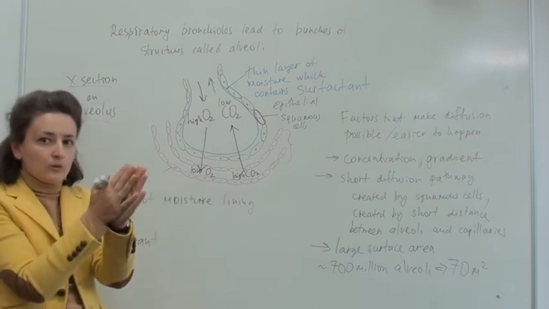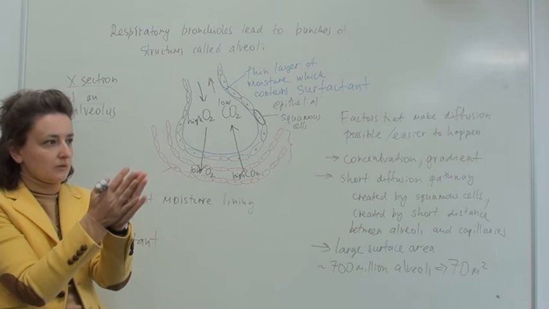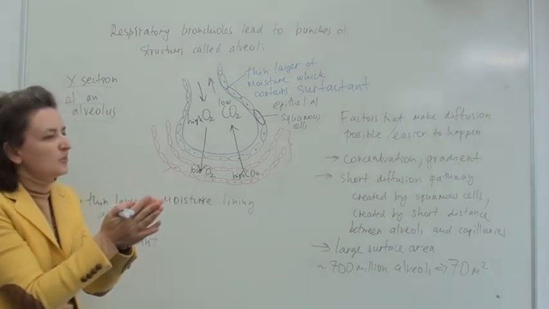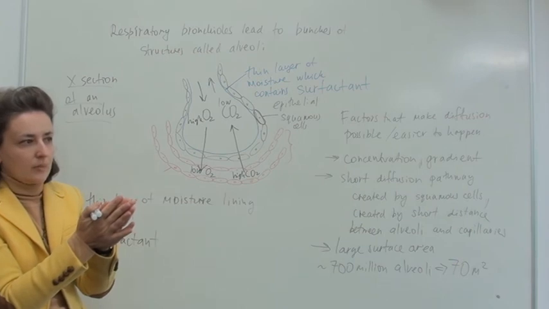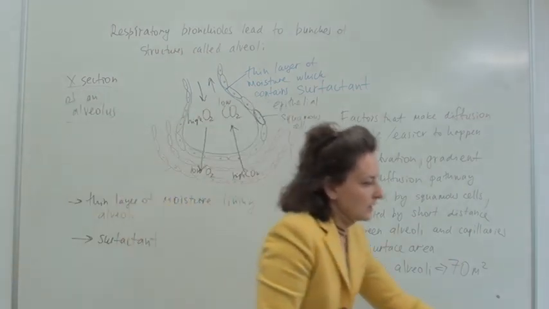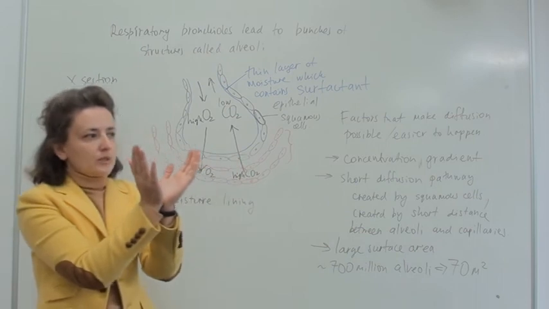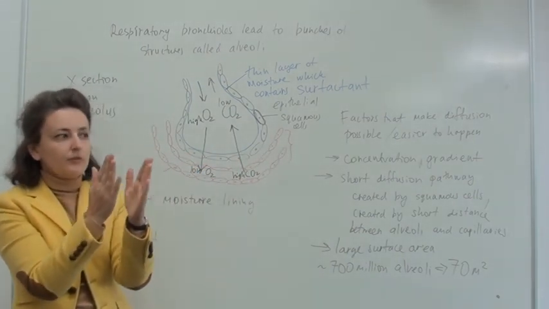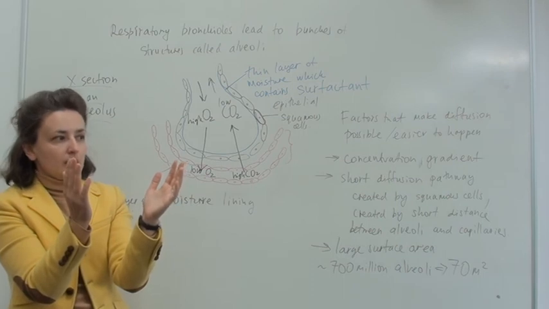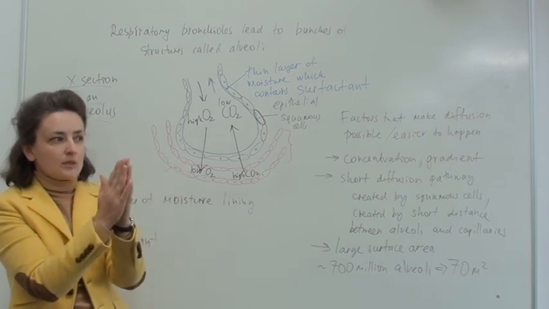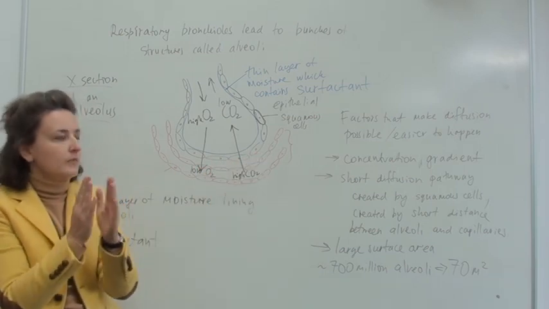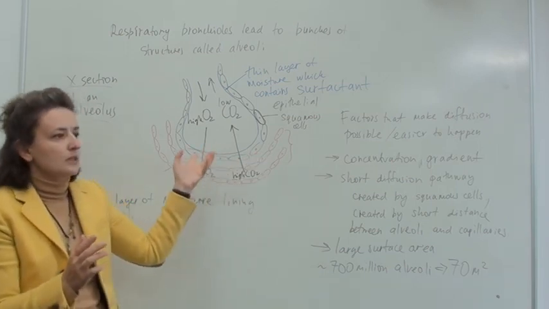They would really want to get stuck, with one side of this bubble getting stuck to the other side. And we don't want that to happen, because if those opposite walls get stuck, then it's much harder to then inflate the alveoli again. So we don't want one side of the alveolus to be stuck on the other side. That's what surfactant is preventing.